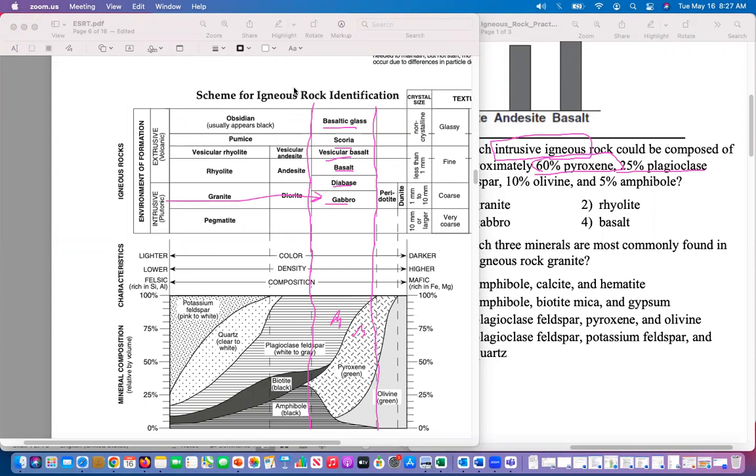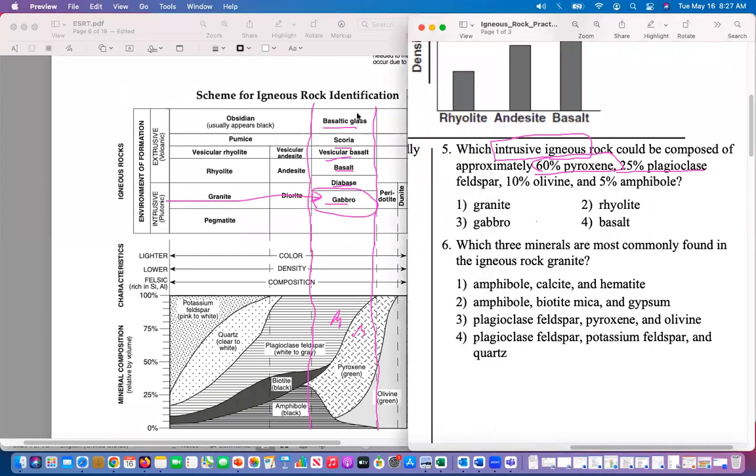But I'm looking at the multiple choice. The best answer for an intrusive igneous rock that has 60% pyroxene, 25% feldspar, that tells me that it's gabbro, and it is choice 3. All right.